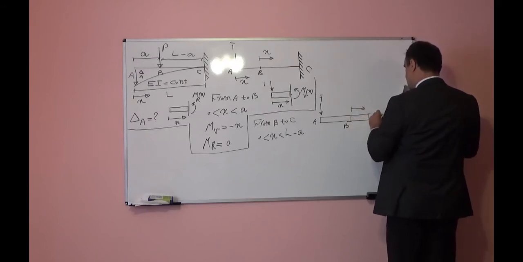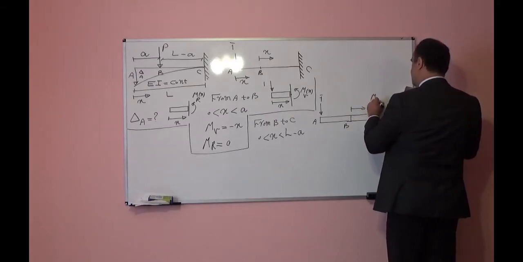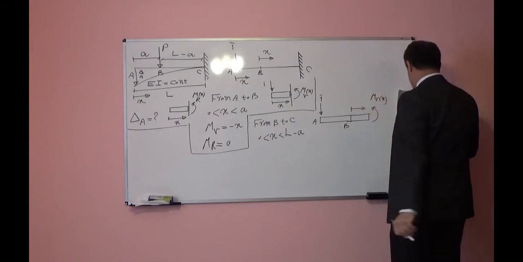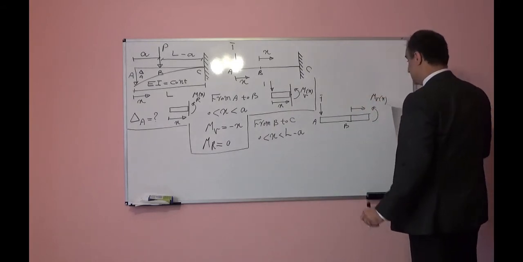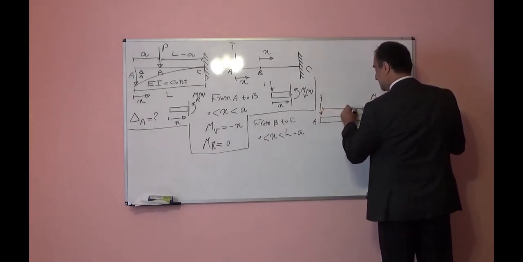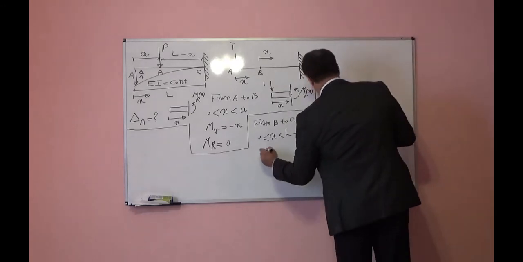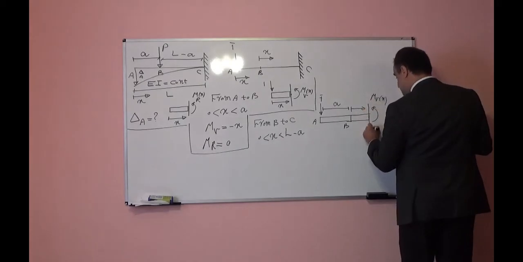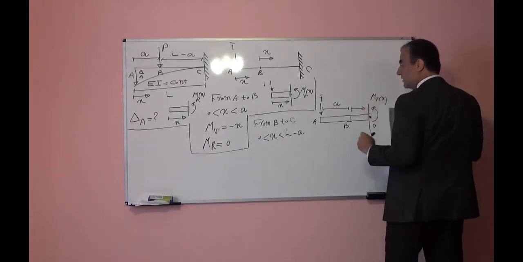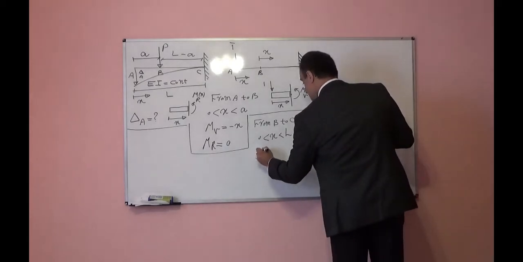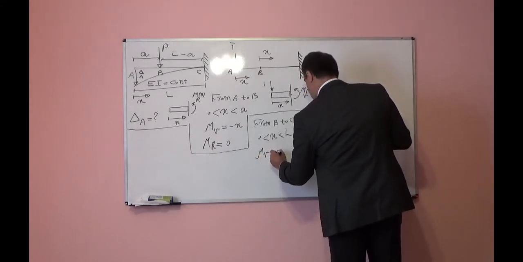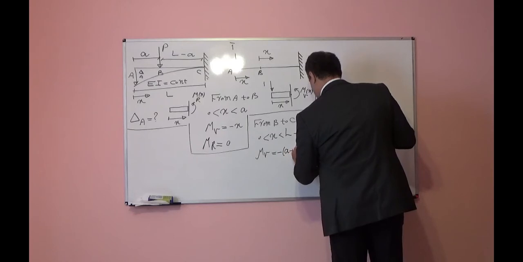So I want to find mvx here. This time, because from here to here, it is lowercase a. If I take moment with respect to cut point O, this time mv will be equal to negative a plus x.